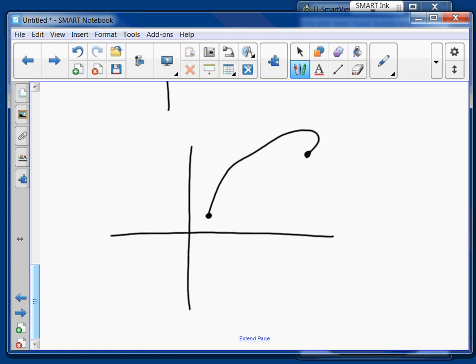Or it goes outside. If we pick a K value, and here's A, here's B, C would be outside. Or if it was a straight line, then that wouldn't work.